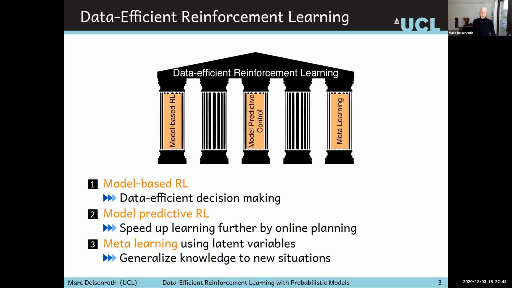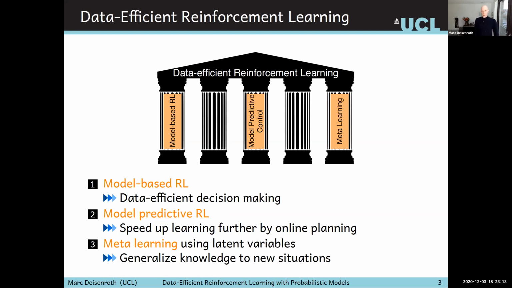And I would like to talk about 3 pillars in data efficient reinforcement learning. One is model-based reinforcement learning, a way to do data-efficient decision-making. The second part is model predictive control in the context of reinforcement learning, which allows us to speed up learning even further by doing online planning.